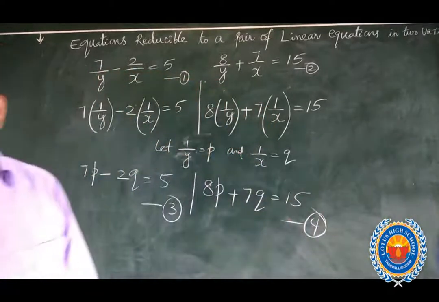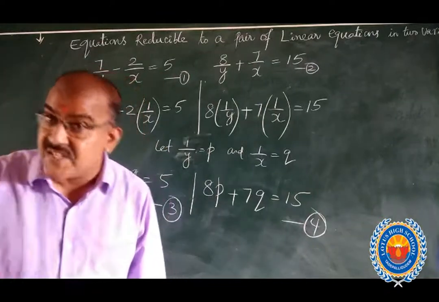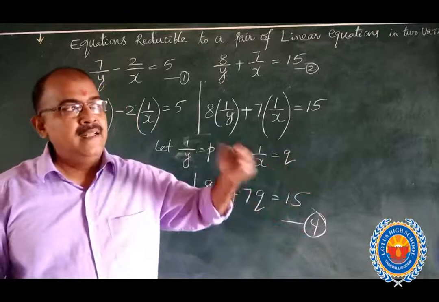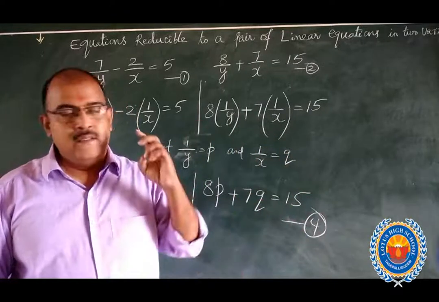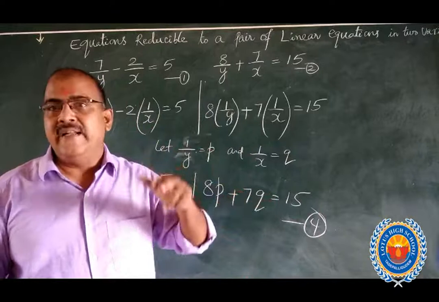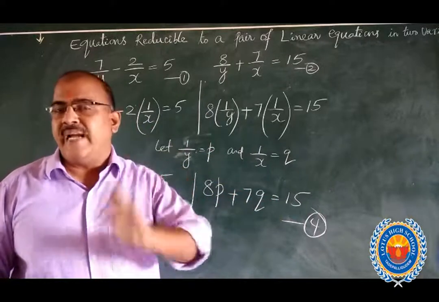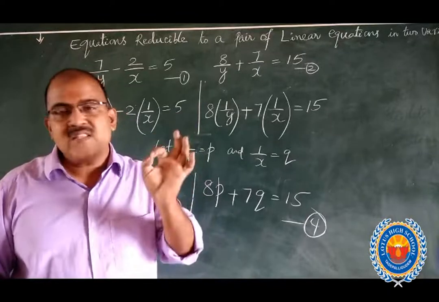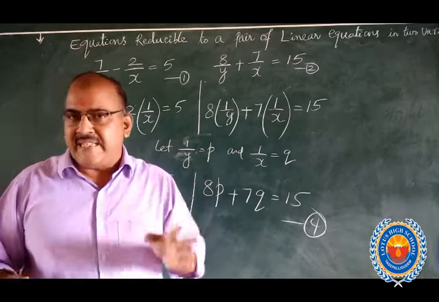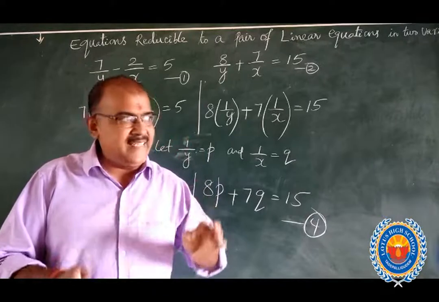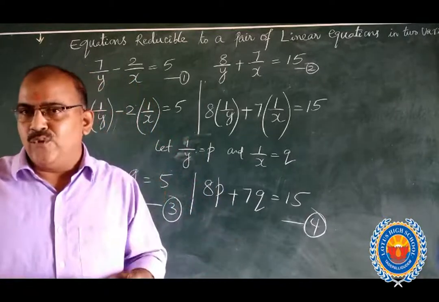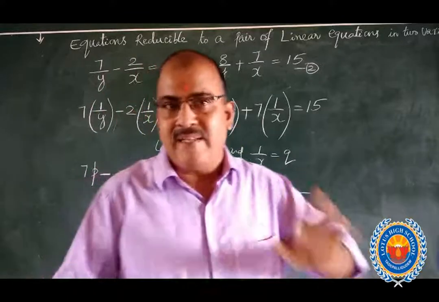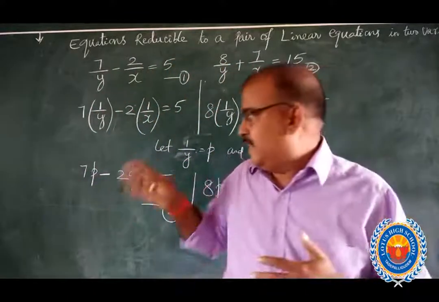Now I am going to solve these two pair of linear equations in any method, that is nothing but elimination method, cross multiplication method and the substitution method. Better you practice only elimination and substitution because the cross multiplication method is deleted for this academic year 2020-2021. Understand?